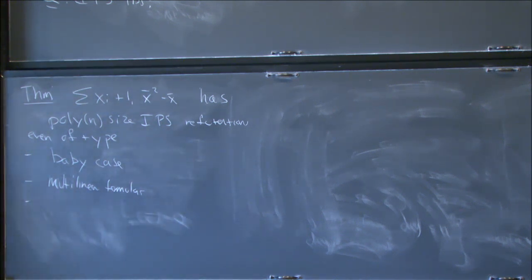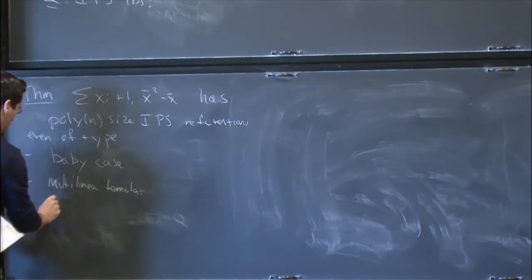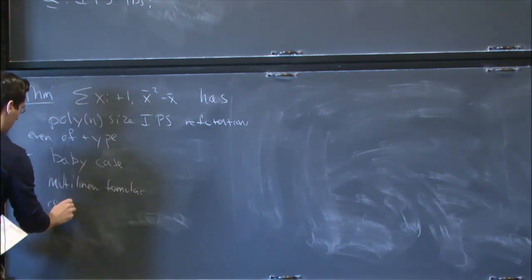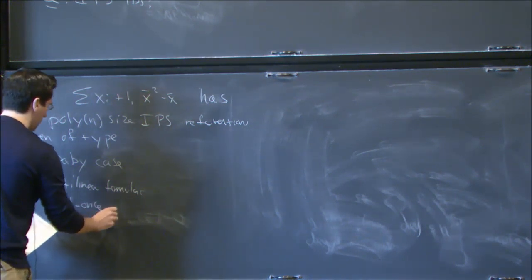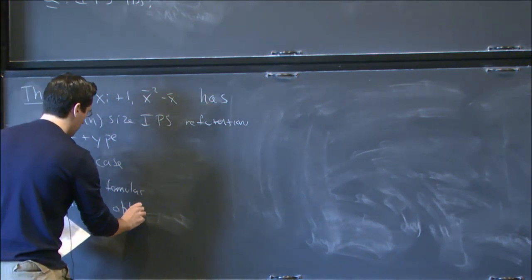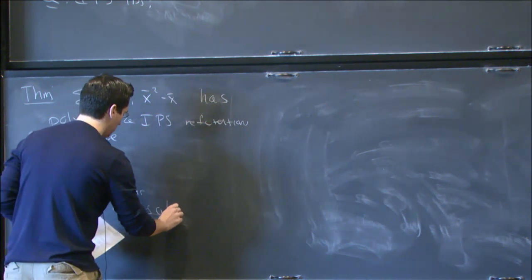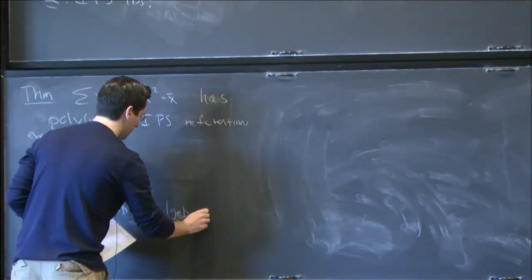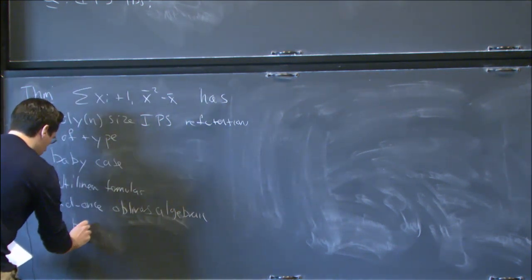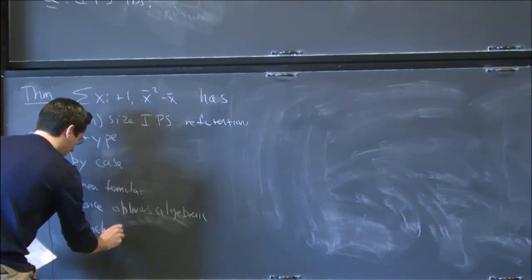The baby case is also interesting because they're not just multilinear formulas, but they have a certain variable disjoint property. You can note that you have this summation of products, and each product is a product of variable disjoint things. And if you wave your hands enough, you can show that the baby case can also be expressed as a read-once oblivious algebraic branching program, which I haven't defined and I won't define.